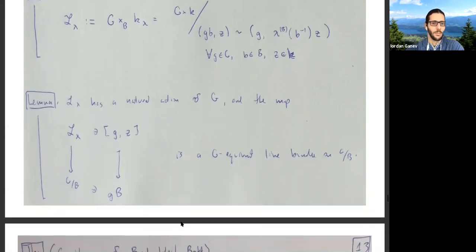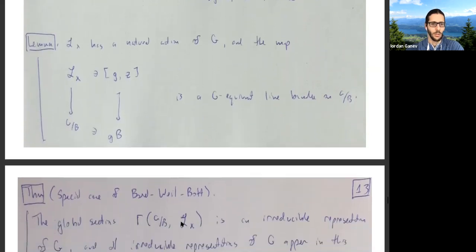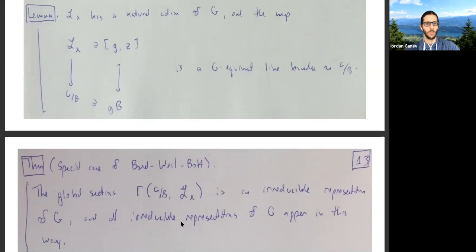So we have this L_lambda, and what's the connection to representation theory?